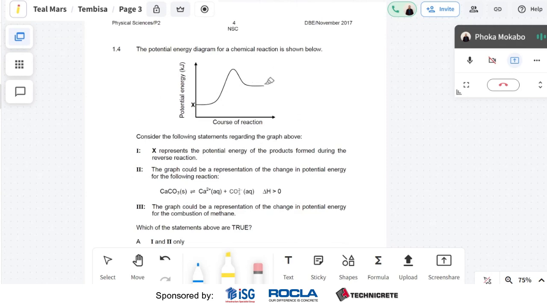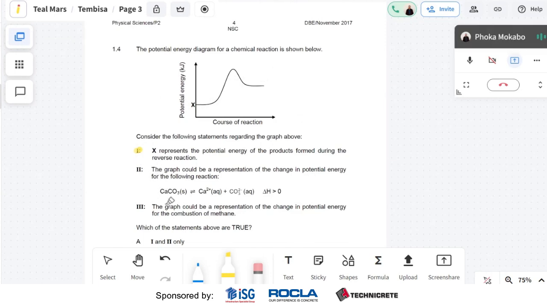But going in the reverse reaction, you would have your reactants in that case over on this side, and you'd have your products over on that side, which in this case would indeed be represented by X. So essentially what I'm saying is the reactants for the forward reaction will be the products for the reverse reaction. And so statement I is definitely true.